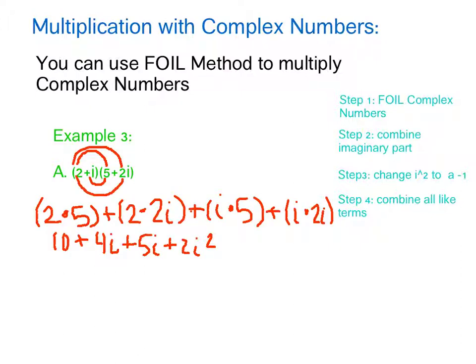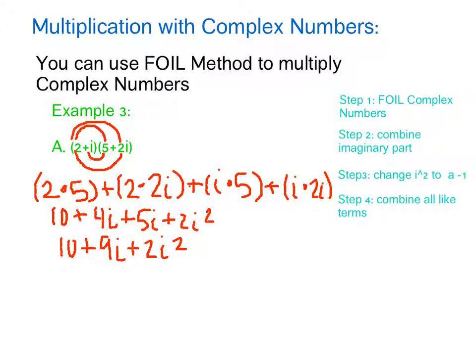Now that we have FOILed, next we have to combine the imaginary parts, which is the 4i and 5i. So we would add them both together to get a 9i. Next, we are on step 3. That says we have to change i squared to a negative 1.